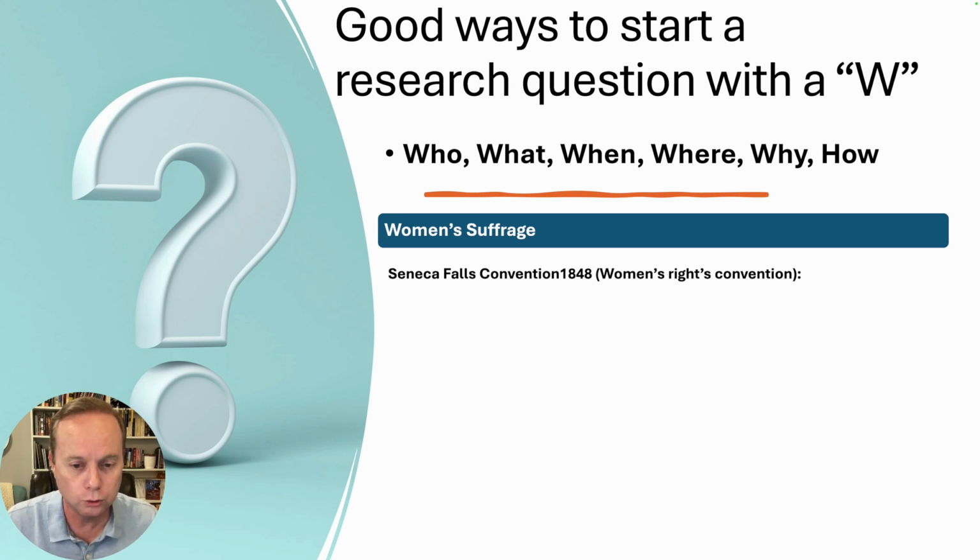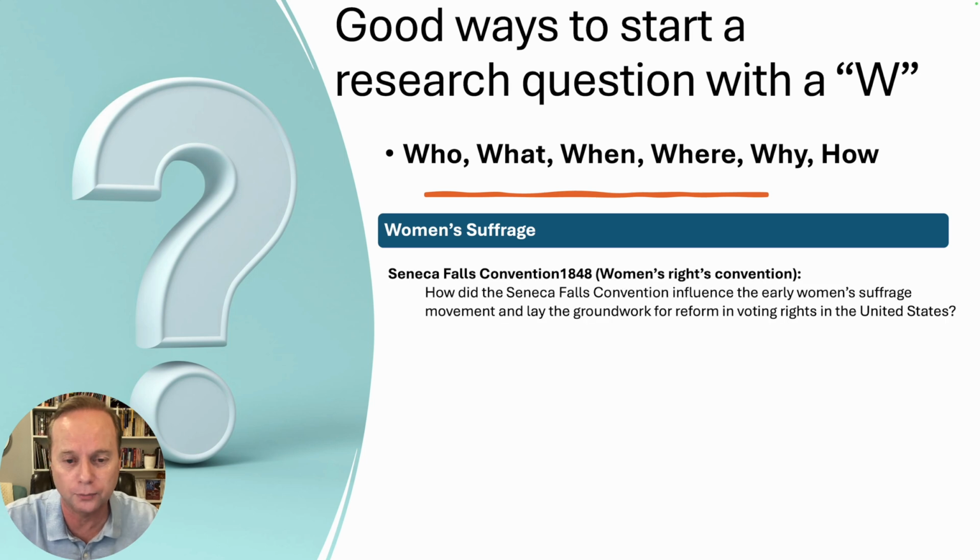We could talk about who were the key players at this event, what were the major outcomes that came from this event, when was this event, where was this event, and how did it lead to major policy changes? Why did this event occur? How did this event influence different things? Okay, so you could start with any of those types of things and just try to come up with one.